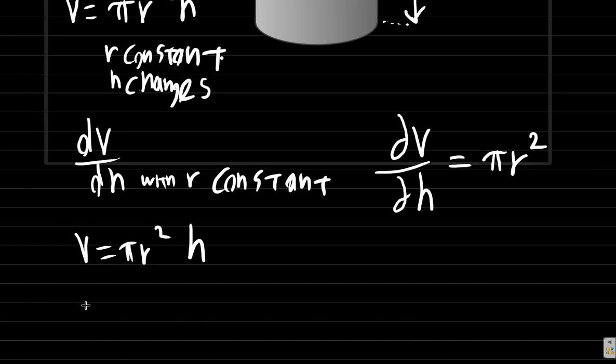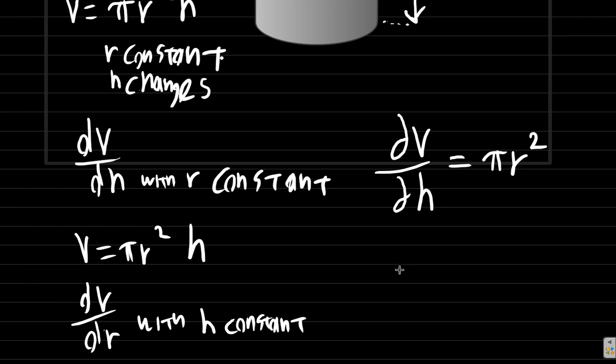Then what you have is the derivative of V with respect to r, with h constant for now.